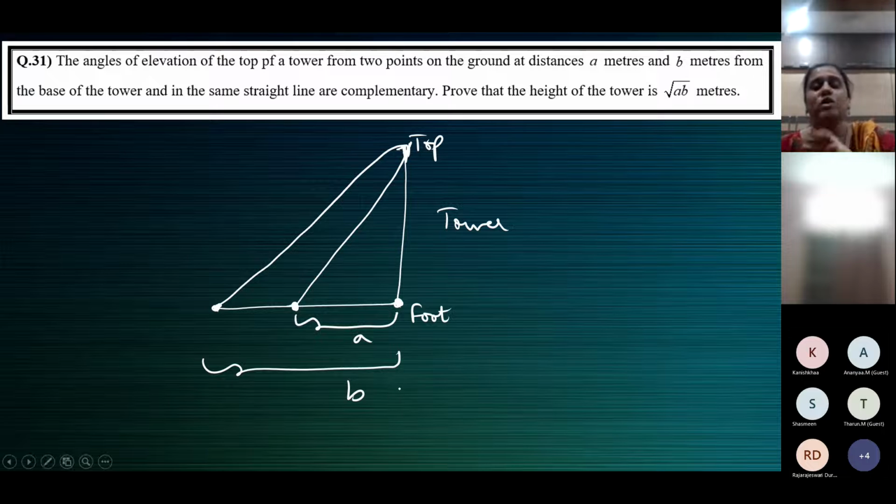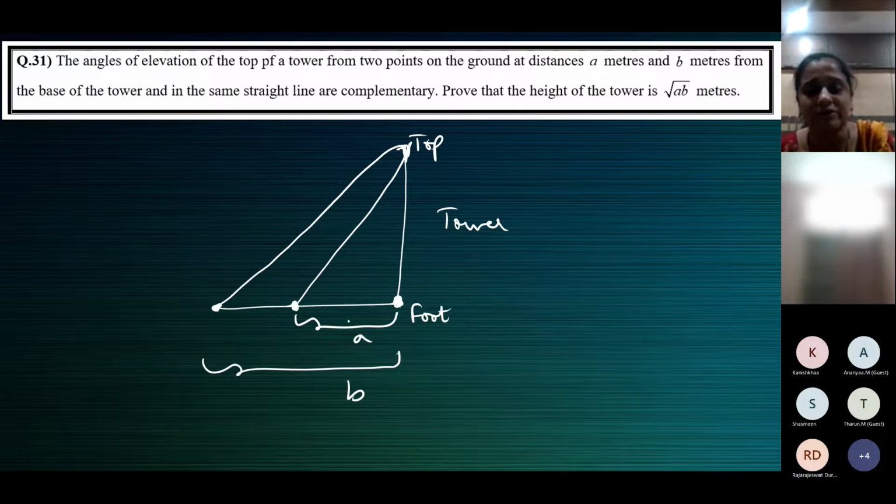The distance between what? The distance between the foot of the tower and 1 point is A. The distance between the foot of the tower and the other point is B. So see here, this is the foot of the tower.